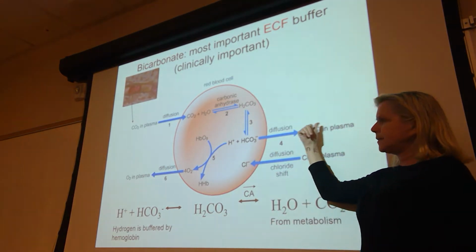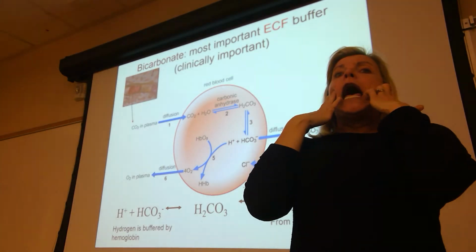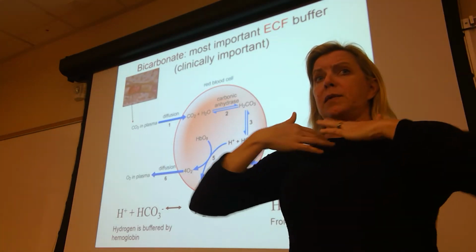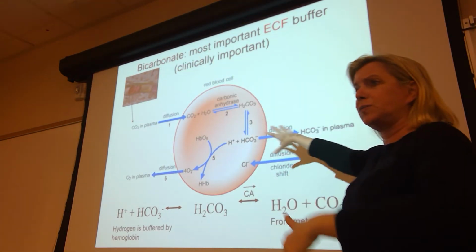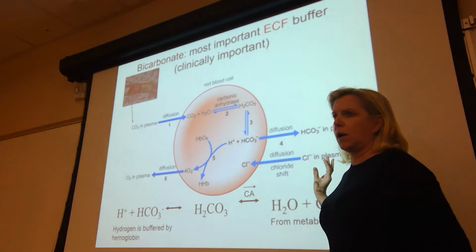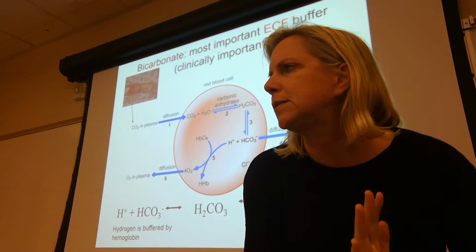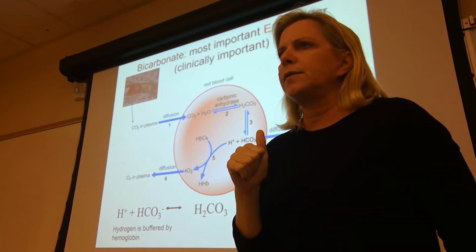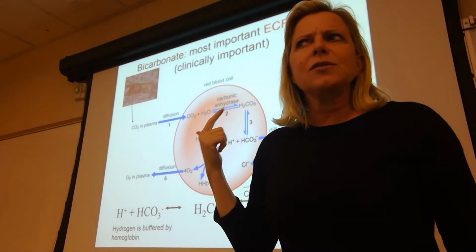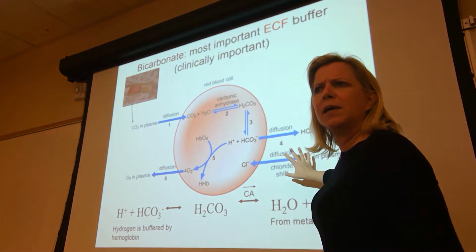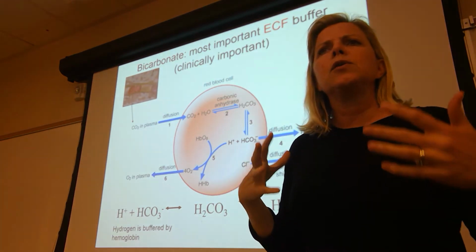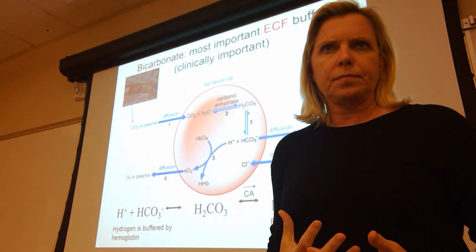Now the bicarbonate is out here and you're going, now my plasma compartment, the pH is going up because I just put a whole bunch of base out there. Oh, but we're forgetting all of the other acids, like lactic acid and keto acids that I just listed that are also in the plasma, and that base is going to help neutralize them.